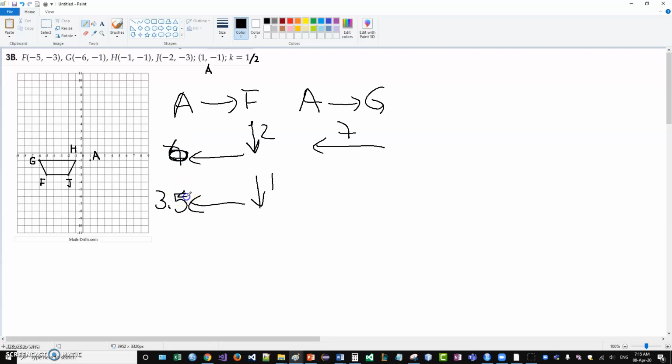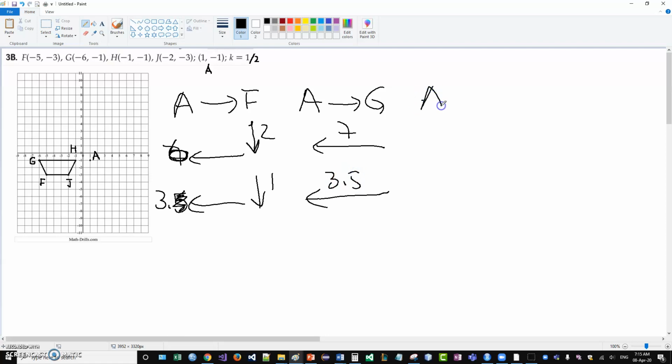And when you multiply 6 by half, you get 3, not 3.5. Okay? Now, from A to G, we're going 7 to the left. Multiply that by half, so you're actually going 3.5 now to the left.